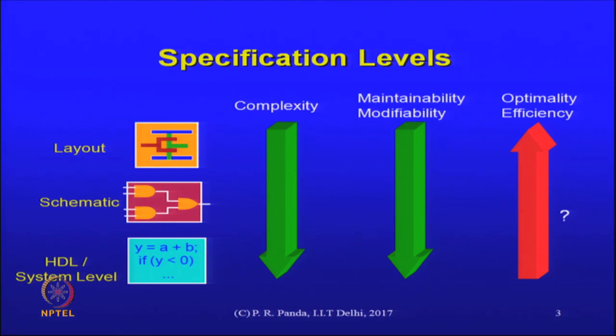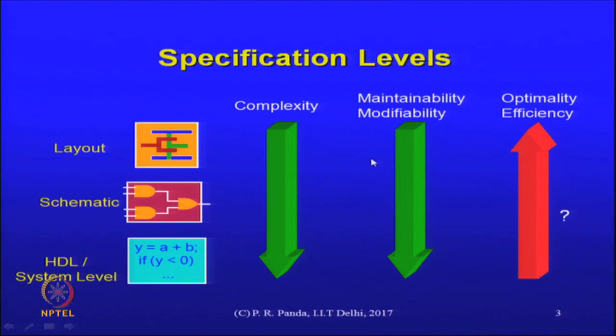There are some interesting questions first to answer before we go into capturing specification. We said that as you go up the level of abstraction from layout to schematic and HDL and system level, you can expect the complexity of the system that can be described using those specification capture mechanisms to increase, all the way from layout capture to text level capture with HDLs.